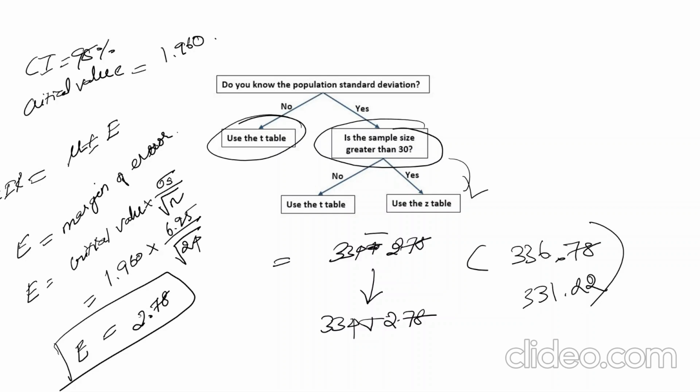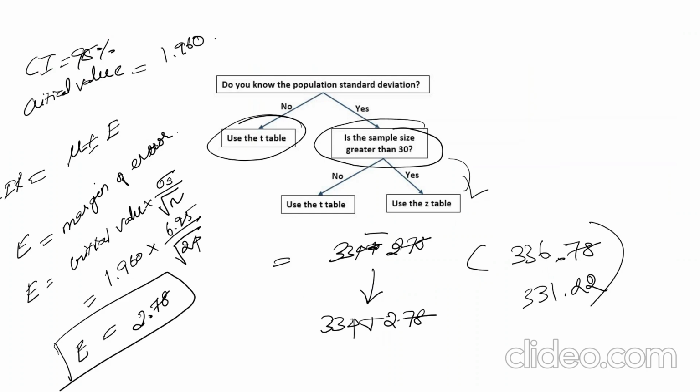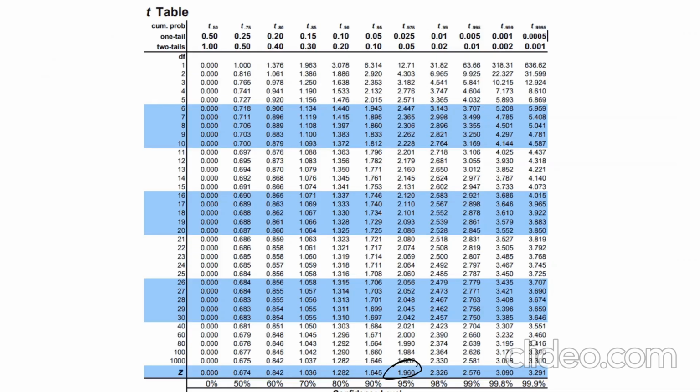So this is the confidence interval. The answer is correct. This is how we have to use the T table.